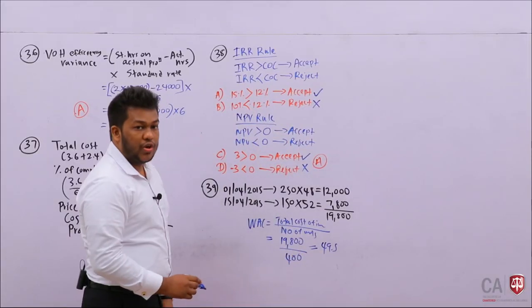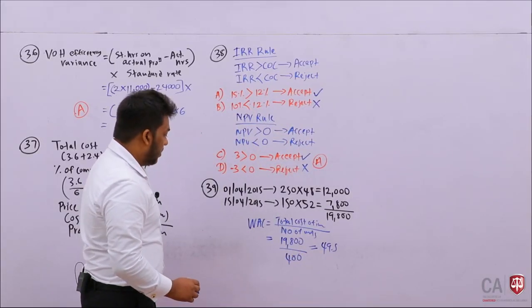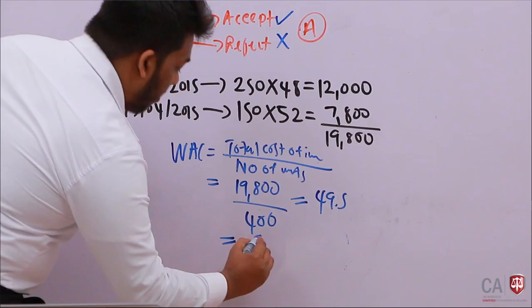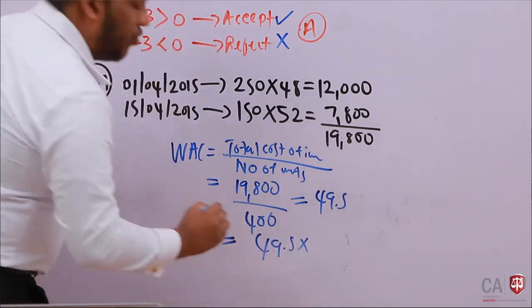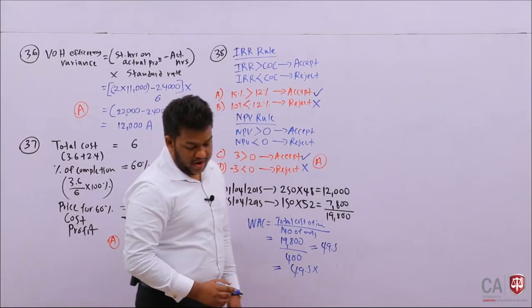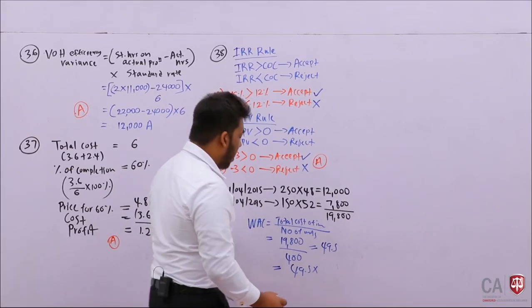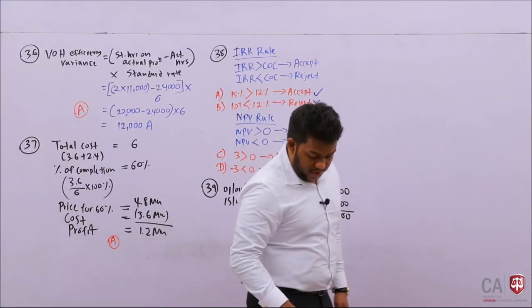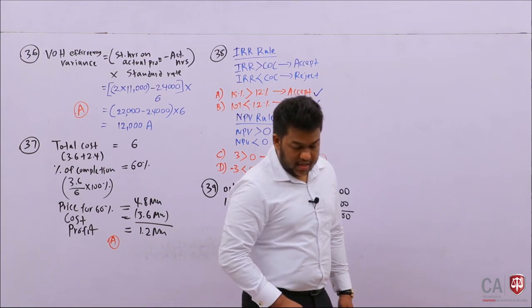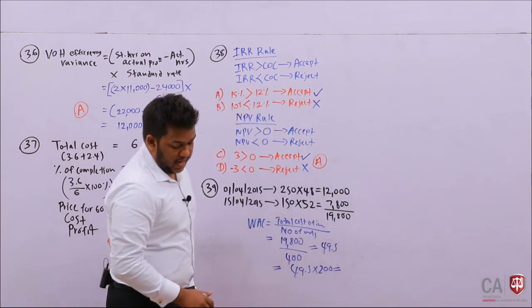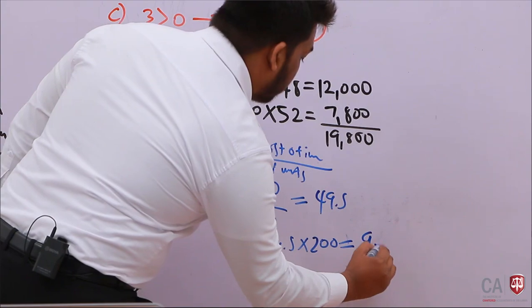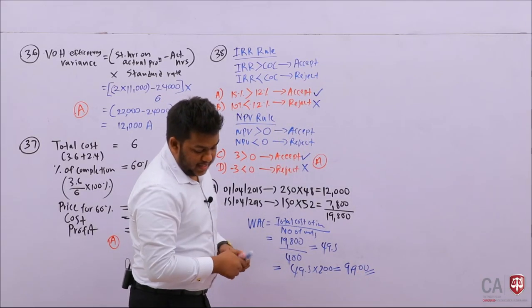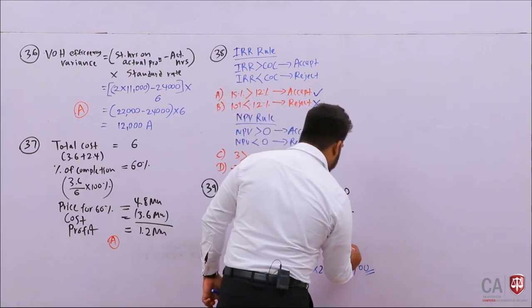What is the issue? They have issued 200. So the value will be 49.5 into 200, that is 9,900. So this is the value. What is the answer? Answer is C.